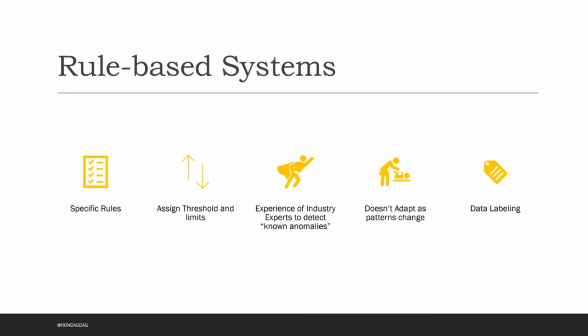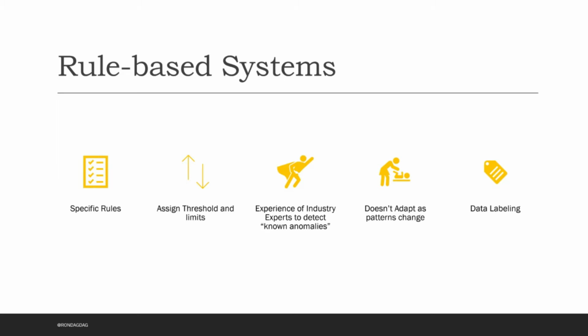The advantage of it, or disadvantage in a way, is that you need experience in the industry to detect the known anomalies for an existing system, right? So that's when you talk to your users or industry experts, the ones that know more about that system, and let us know when this anomaly happens, those kind of things.